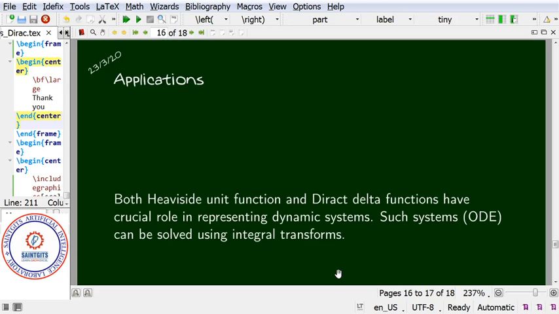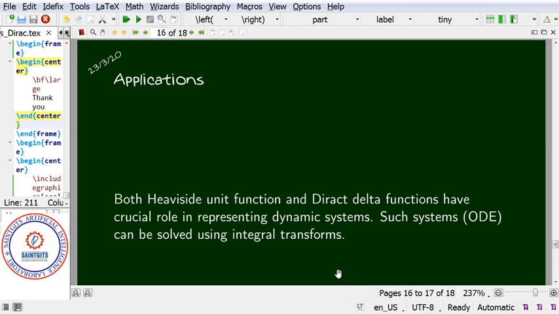Then the applications of these popular functions: both Heaviside unit function and Dirac delta functions have a crucial role in representing dynamic systems that we already discussed. Such dynamic systems can be represented using ordinary differential equations, and so these two functions have a crucial role in solving ODE using Laplace transform or Fourier transform.